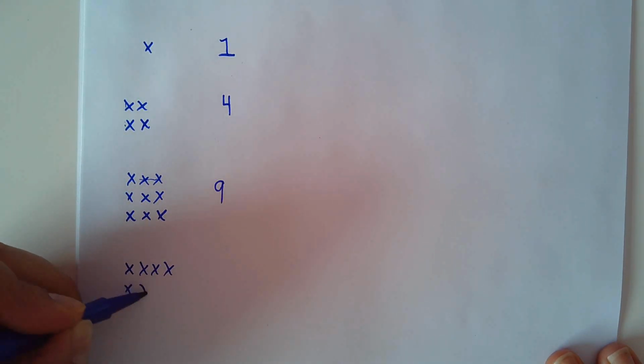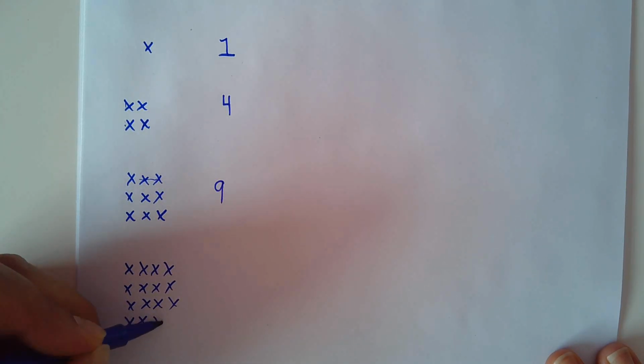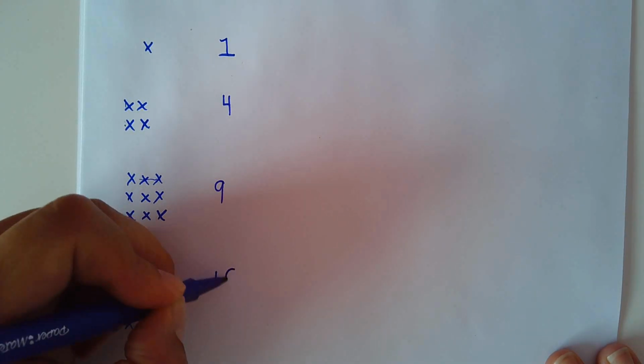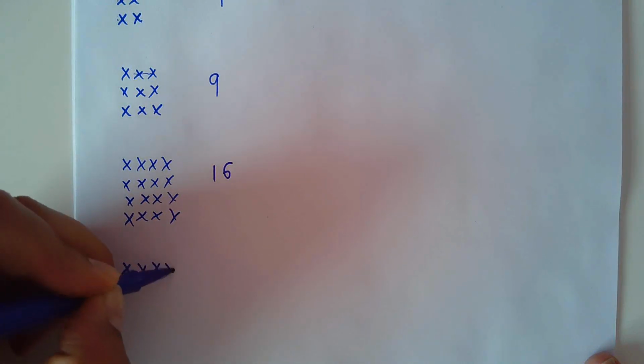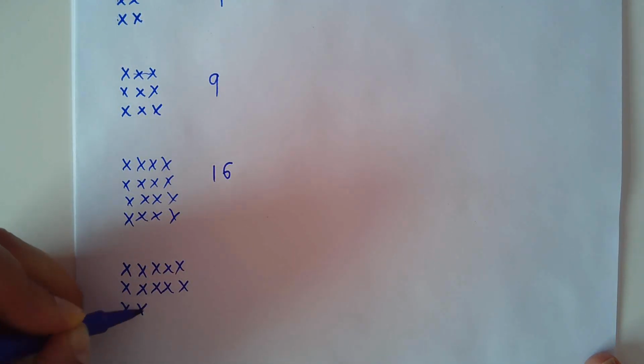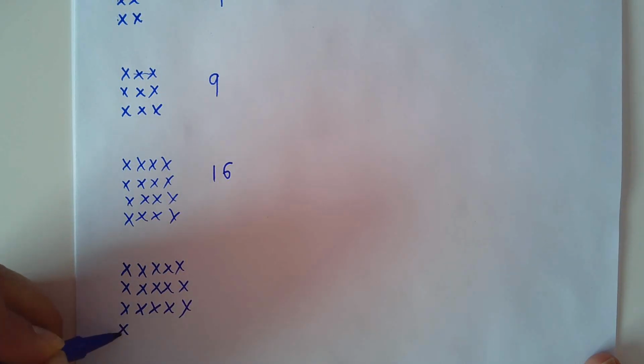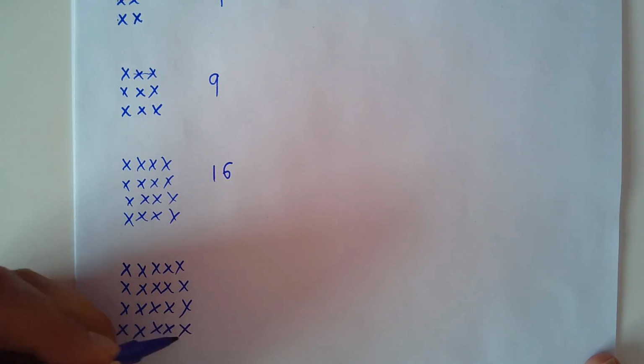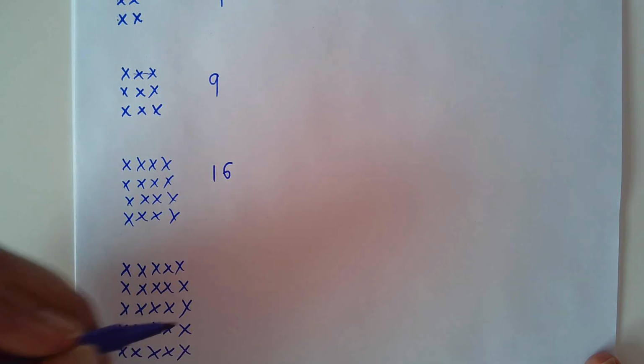So 4 by 4, which is 16. The next one would be 5 by 5. And I could keep going, but I'll stop here and then use this to explain. So 5 by 5, which is 25.